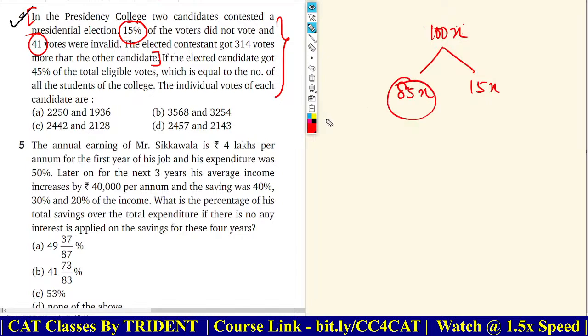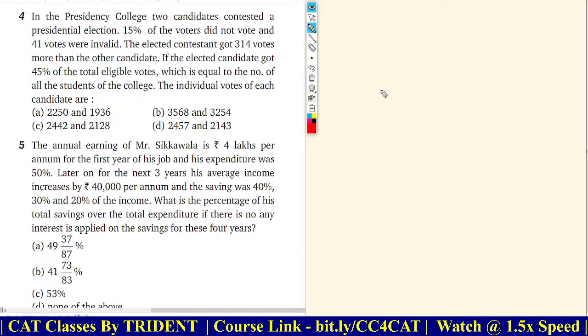This has a variable component in it, but the numbers, the voters did not vote and 41 votes were invalid. Now there is a 41 also in the picture which will not fit the current scenario which has a variable component 85x. So the thing is, chuck them out. Just read this once. See if you can use the options.